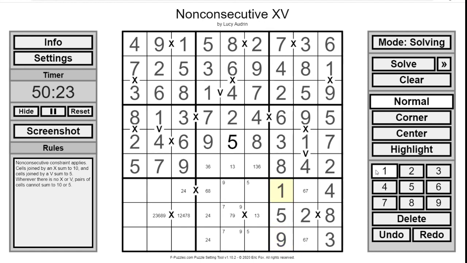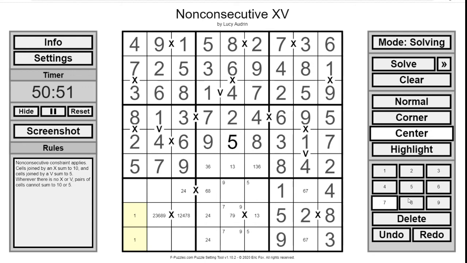Now this is a 1. One of these 3 is a 1. I don't know which one. But we might as well finish up all these notations. 1, 2, 3, 4, 5, 6 is missing.